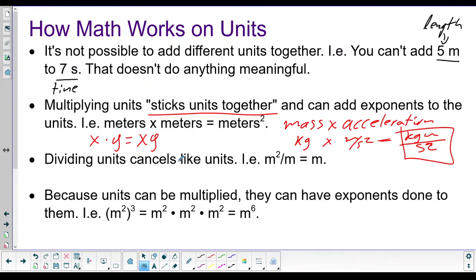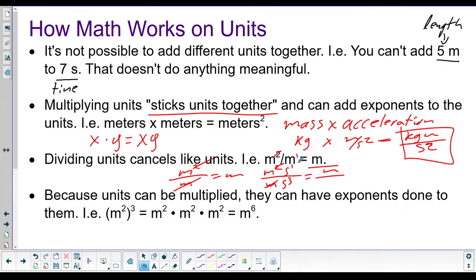Okay? You can also divide units. So if you have meters squared divided by meters, this one meter cancels one of those and you have just meters left, right? Meters squared over meters, that one cancels one of those and you get just meters. If you had meters squared seconds over meters seconds to the third, this cancels one of those and we have a meter on the top.